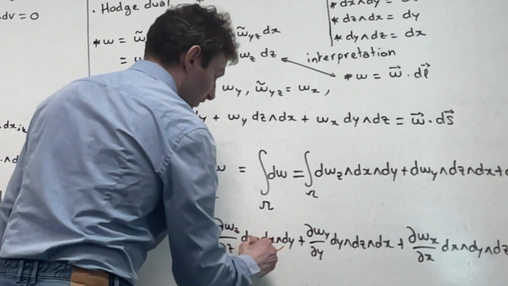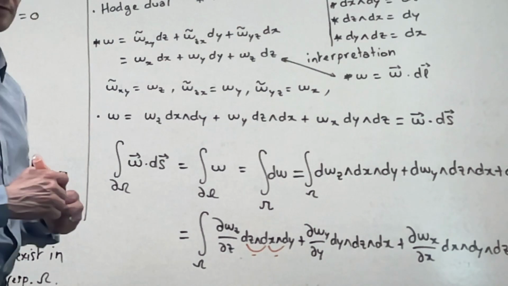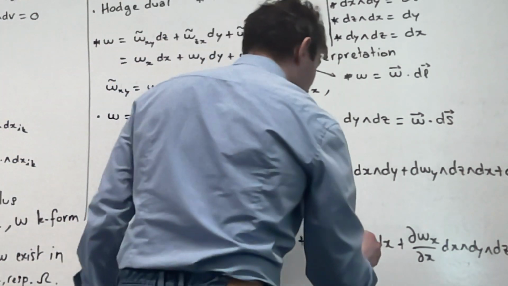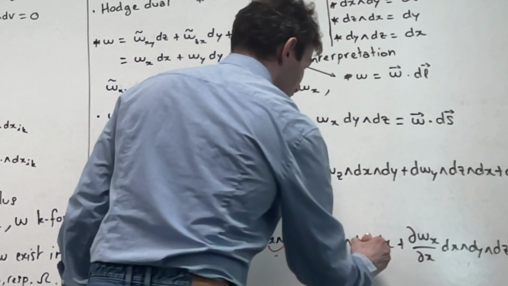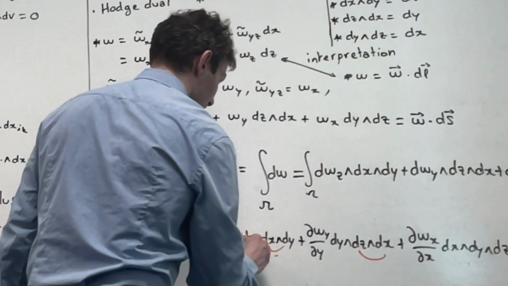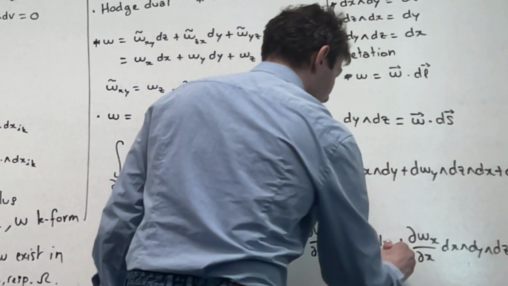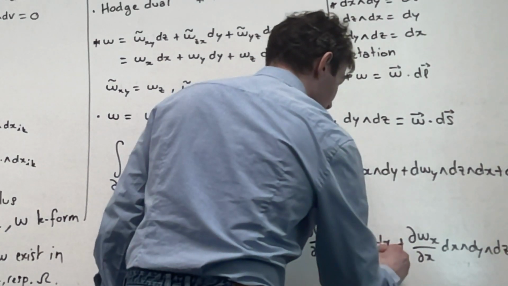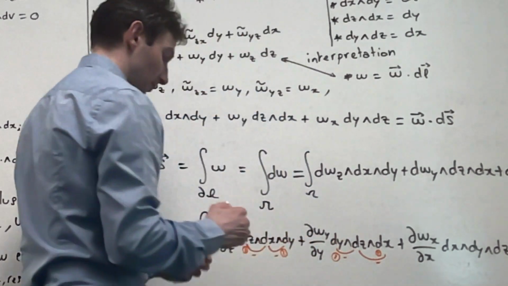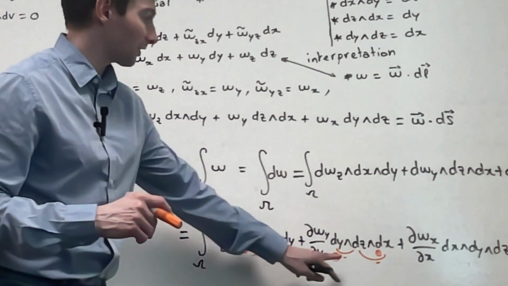So I'm accumulating a minus sign and a minus sign; minus times minus is plus, so no change of sign. Likewise here, I need to swap dz with dx first, so this is 1 and this is 2, while here I want to do that first. So 1, I have a minus sign, and then 2, I've got another minus sign. Okay, so that's what I get.